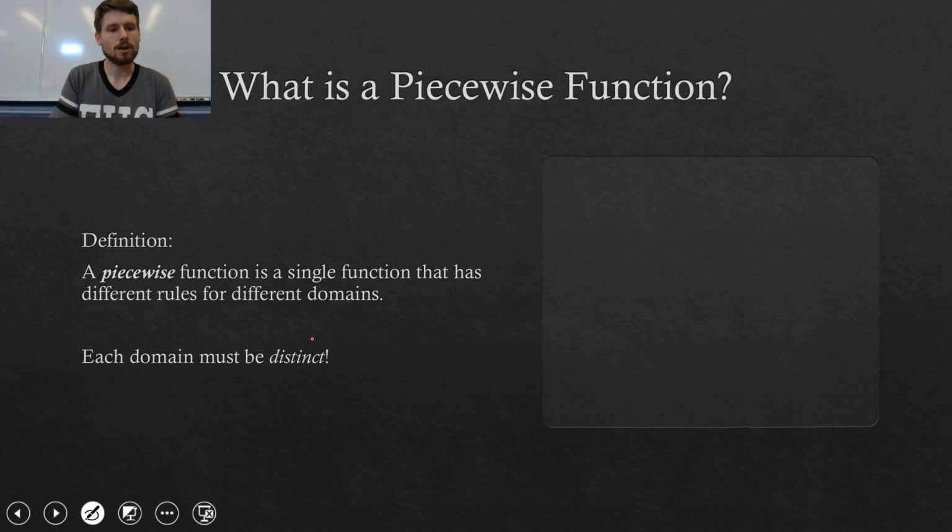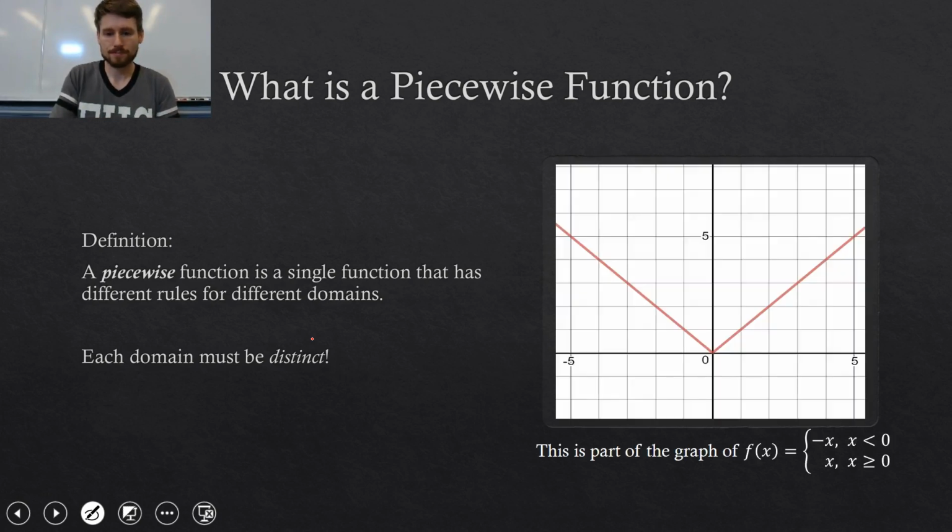Okay, so all the domains have to be distinct from each other. They don't share numbers. Okay, so we talked about absolute value of x, and it has a piecewise representation, or a piecewise definition, which is given over here. If you've got a negative input, this is the confusing thing, I think, about the notation, is that you look over here for what to do.